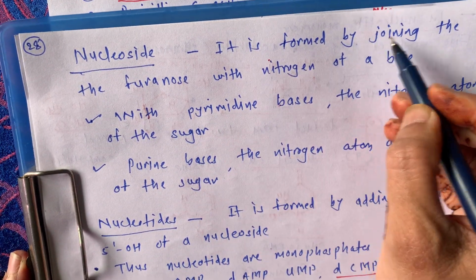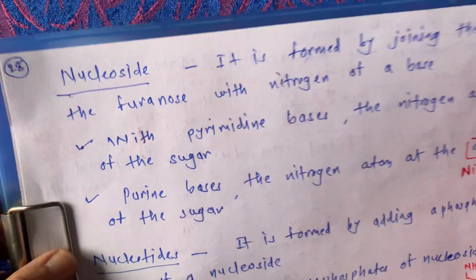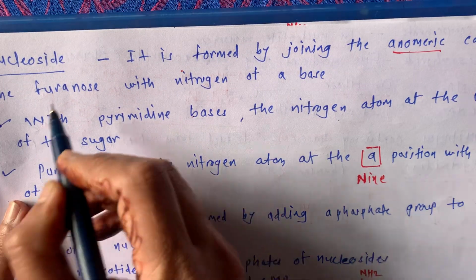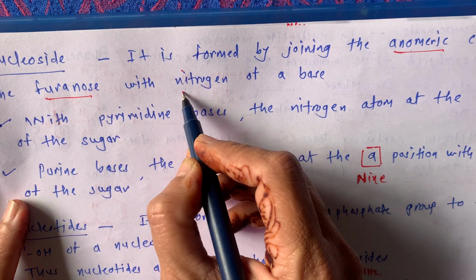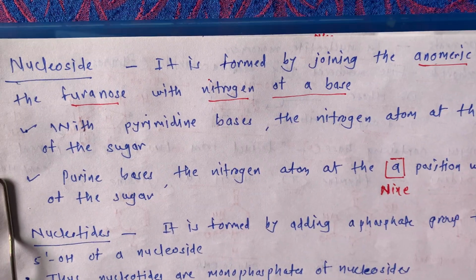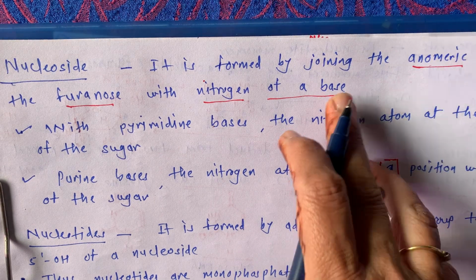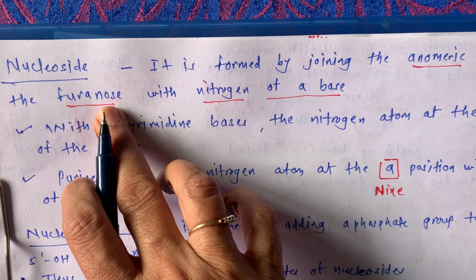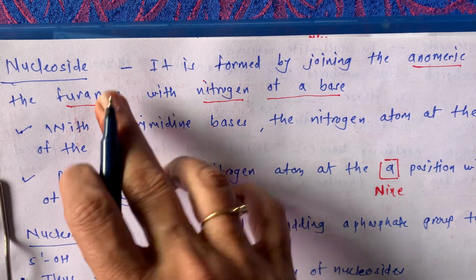It is formed by joining the anomeric carbon of the furanose with the nitrogen of a base. We studied those structures of bases, and these base structures are joined to the furanose. How?